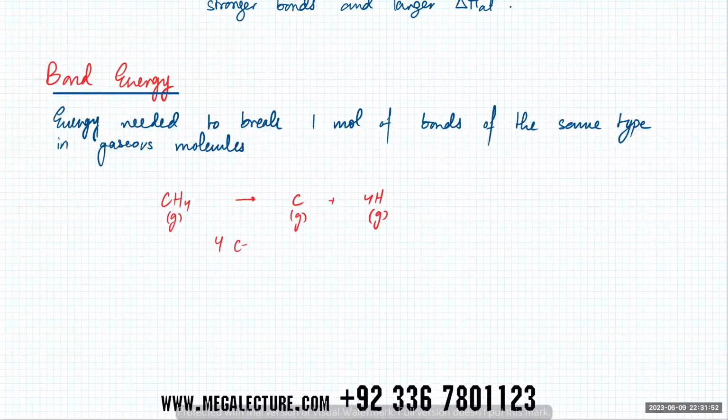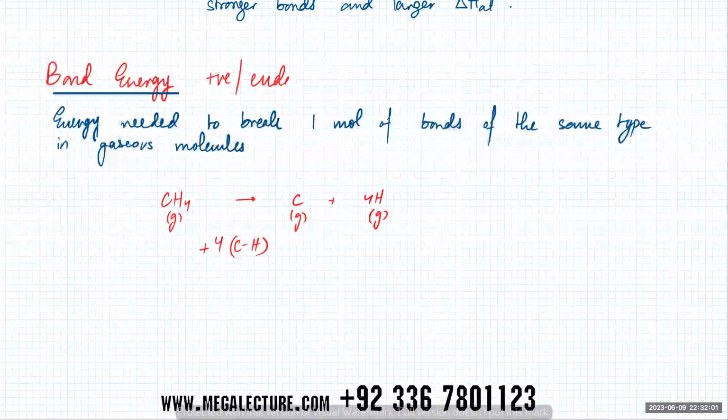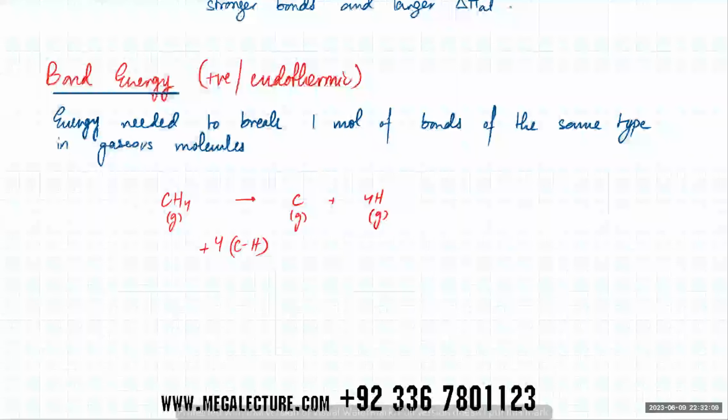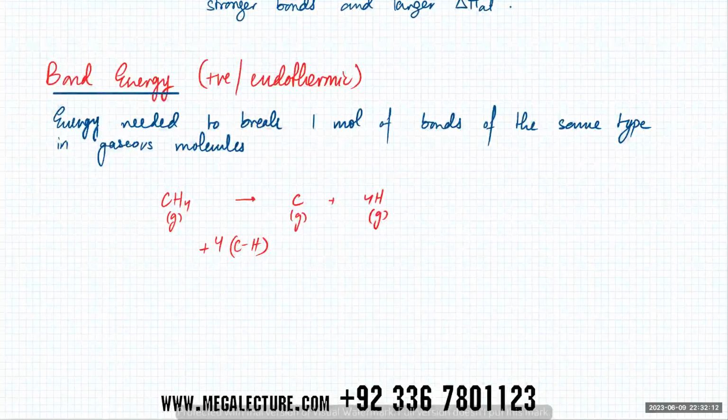So 4 bonds of CH have been broken. And bond enthalpy is endothermic. It's positive because you're breaking bonds. So it's always endothermic, it's always positive. So we've broken 4 CH bonds.